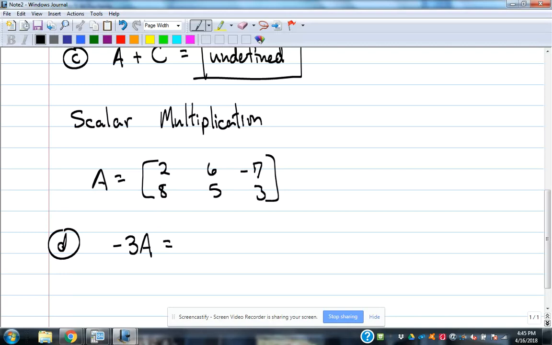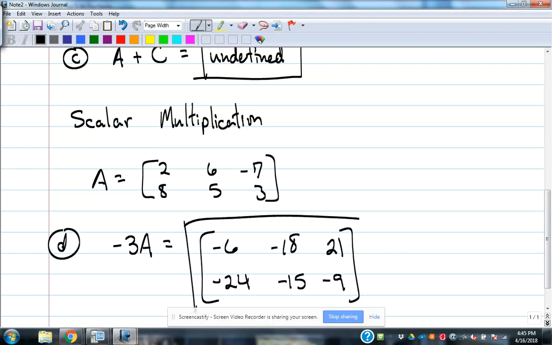So you really are just distributing whatever number is here to every element inside of the matrix. Okay? All right, so that would give us negative 6, negative 18, positive 21, negative 24, negative 15, and negative 9. Scalar multiplication.